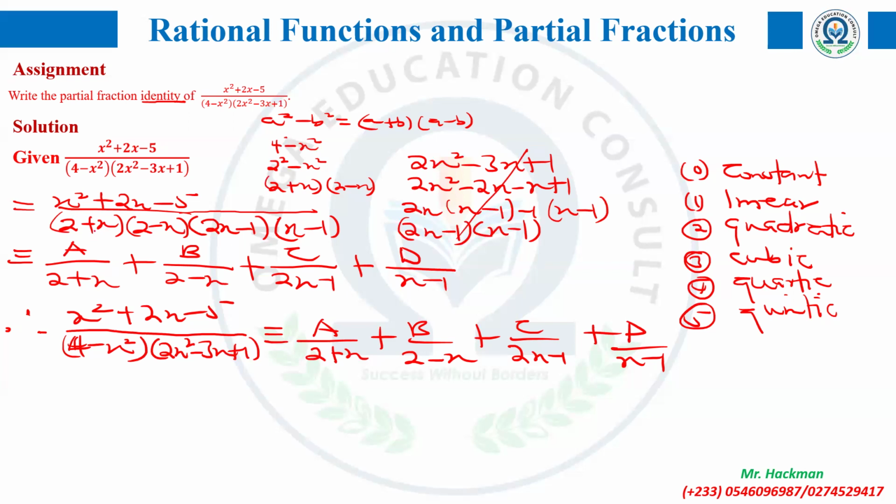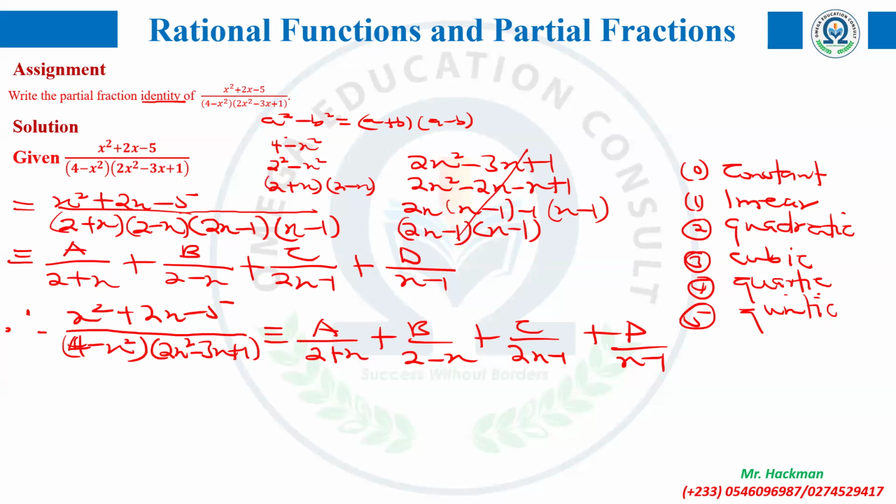If you look at the linear factors in the denominator, how many factors do we have? It is 4. Originally it was 2, but each one factorized into 2, so 4.